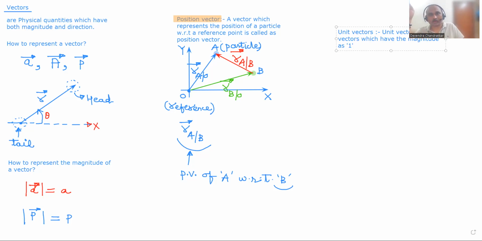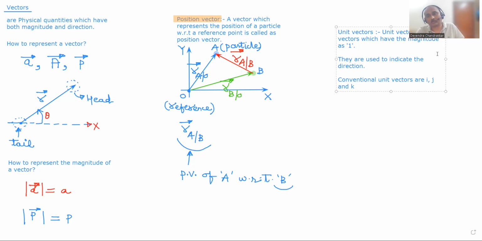Right? So pay attention, all of you. Now, conventional unit vectors are, okay, first of all, what is the usage of it? They are used to indicate the direction. Conventional unit vectors are I cap, J cap, and K cap.